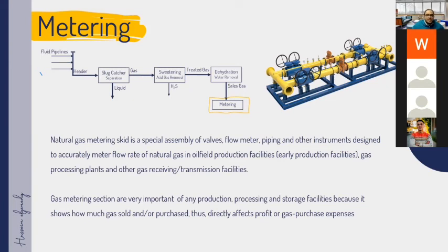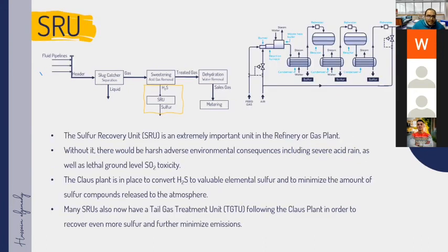Okay. And as there is metering for gas, there is also metering for the stabilized condensate. Okay. After that, it comes to the SRU or sulfur recovery unit. The H2S out from the sweetening unit is sent to the sulfur recovery unit.